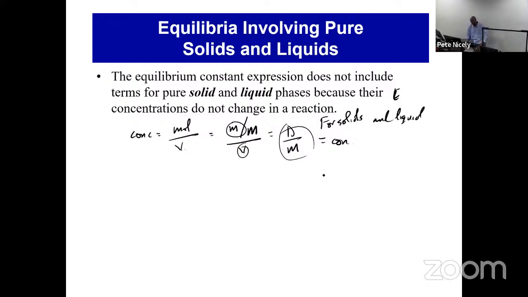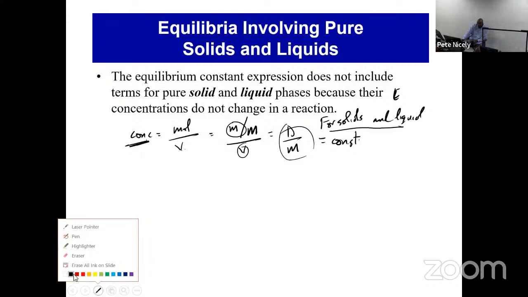So basically, you have two constants, one divided by the other, that will give you a constant value. So basically, for solids and liquids, the concentration does not change. And that influences how we write down the equilibrium expression involving solids and liquids occurring in a reaction, all right?